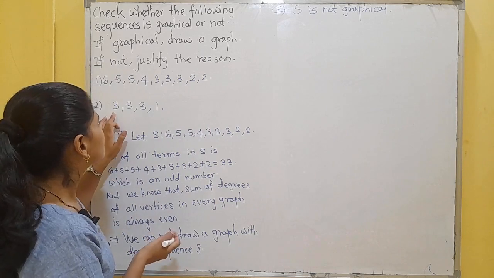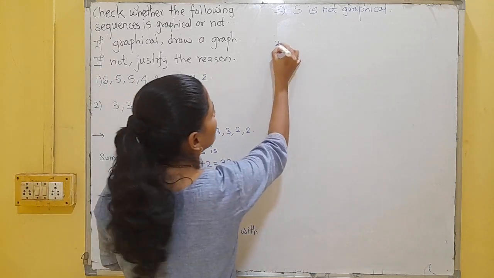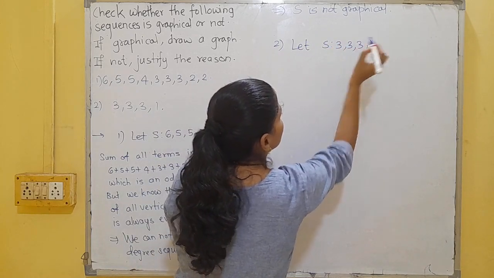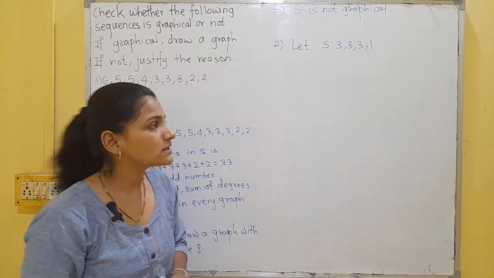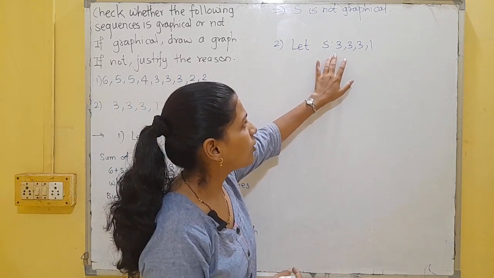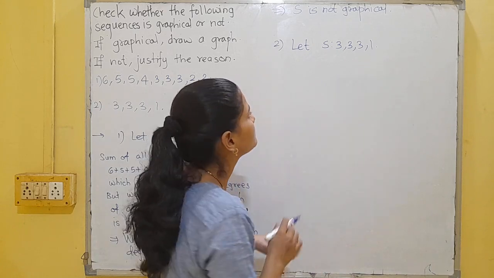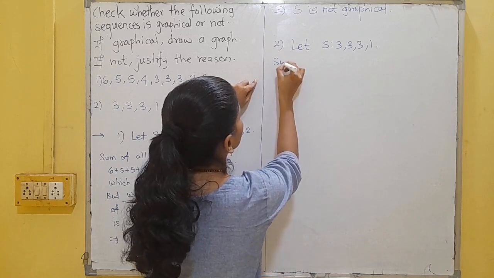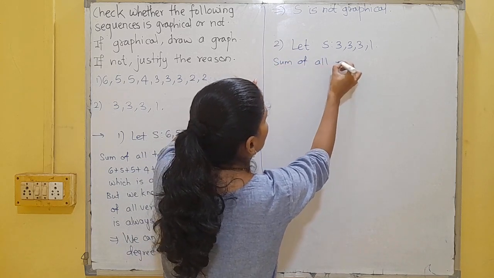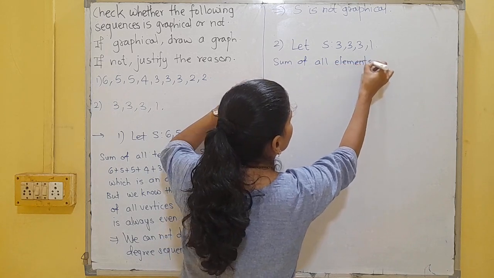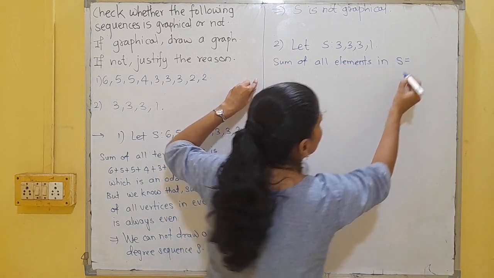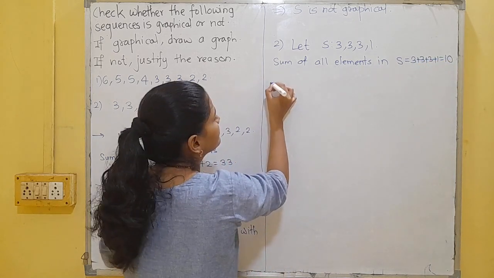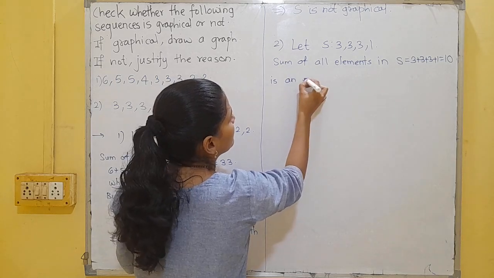Now we will go for the second sequence. For the second, let S be 3, 3, 3, 1. Our first step is to calculate the sum of all entries in the given sequence. The sum of all elements in S is 3 plus 3 plus 3 plus 1, which is 10, an even number.